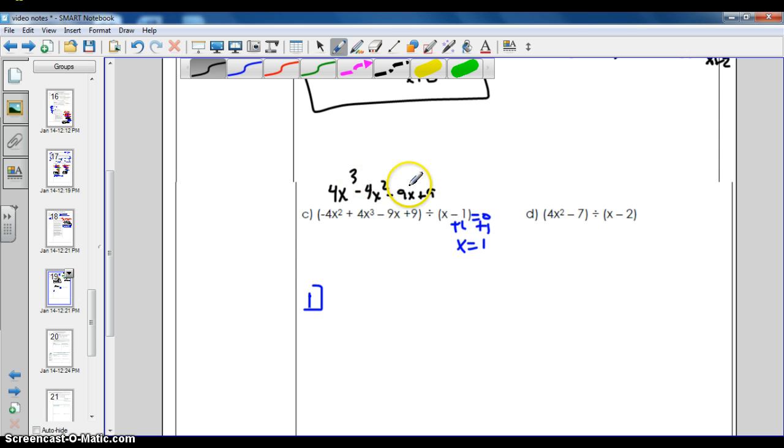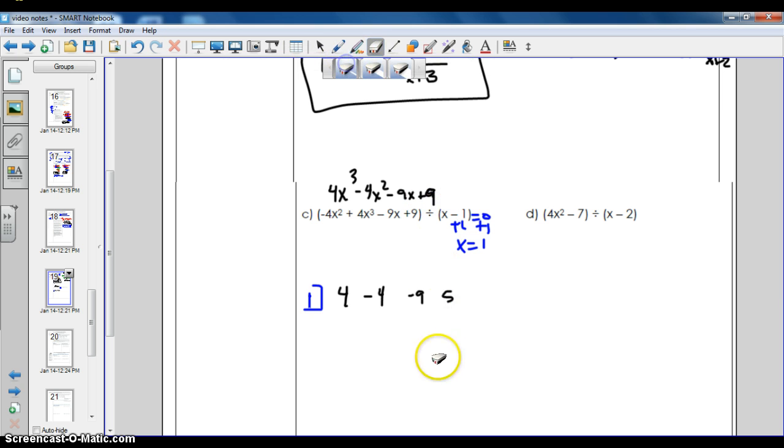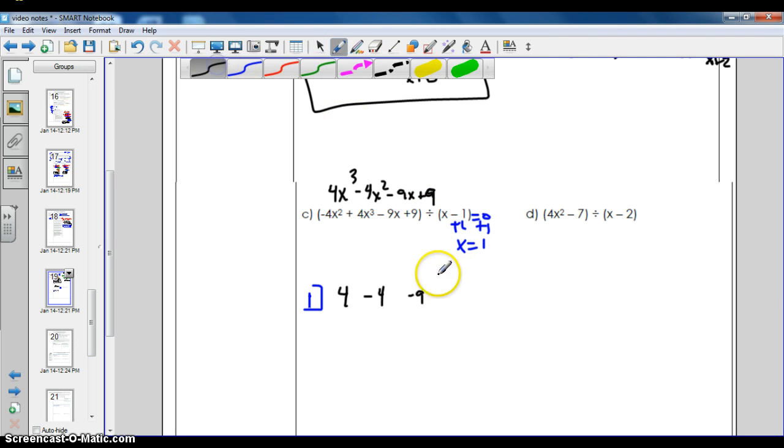So we put a 4, we put a negative 4, we put a negative 9, and we put a positive 9, making sure that our signs go with the correct coefficient. There we go. In order, now we're ready.